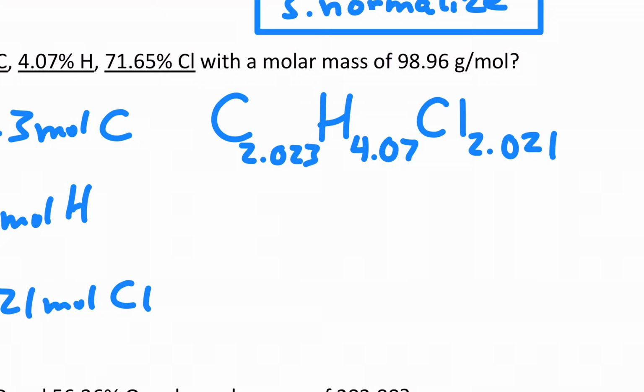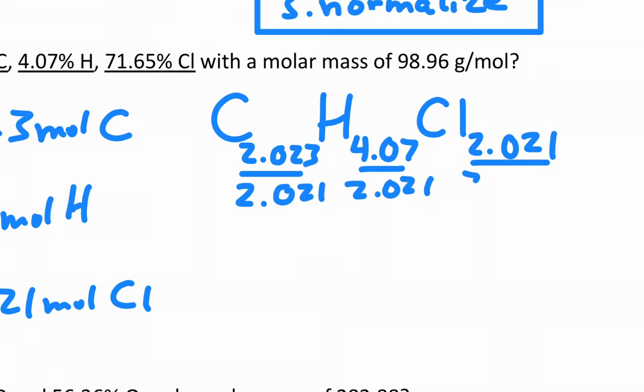And you might say, well, those are actually pretty close to whole numbers, and we might be done. And you're right, that could be the case, but the proper way to normalize is to take those mole values and divide by whatever your smallest one is, which in this case happens to be the chlorine. 2.021, 2.021, and 2.021.